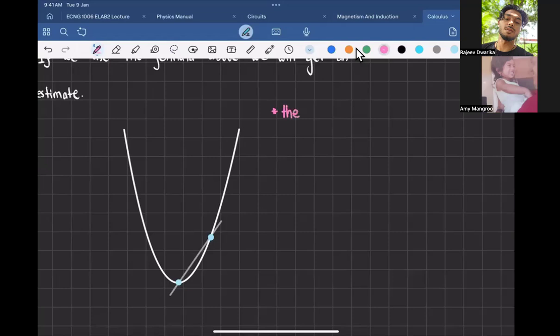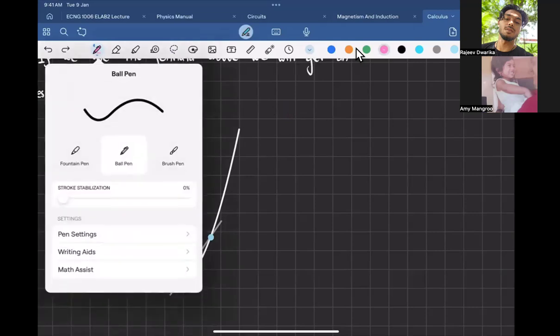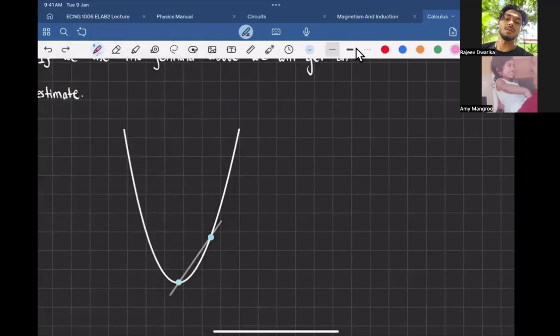The gradient of the curve changes at every point.